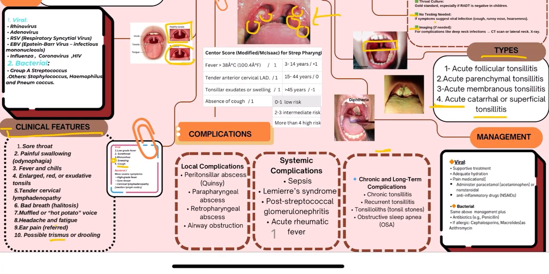Before we proceed to the management, let us discuss an important thing, which is called the Centor score or modified Centor score, used to diagnose streptococcal pharyngitis, or that caused by group A beta-hemolytic streptococcus.